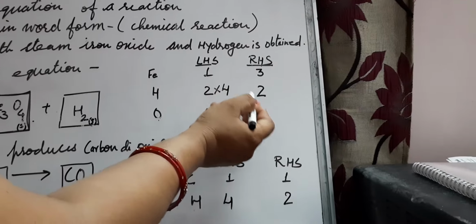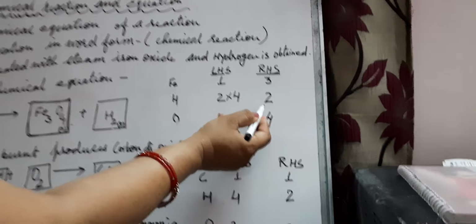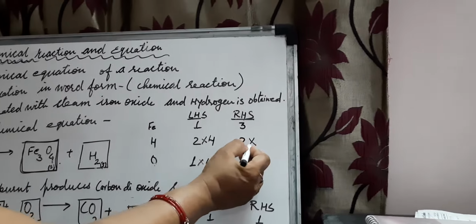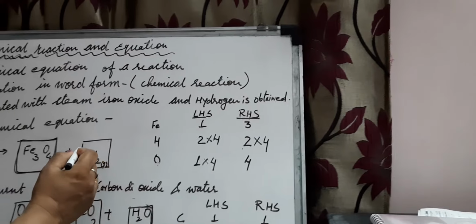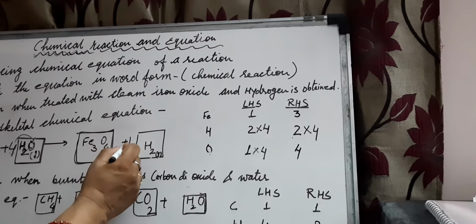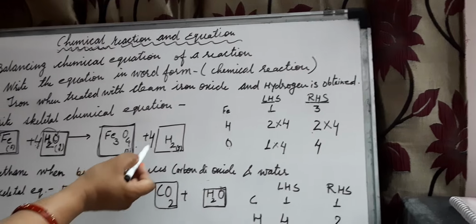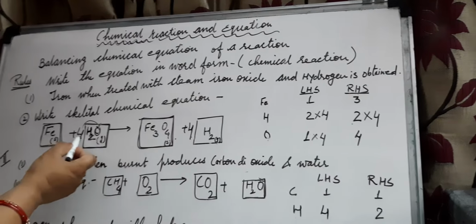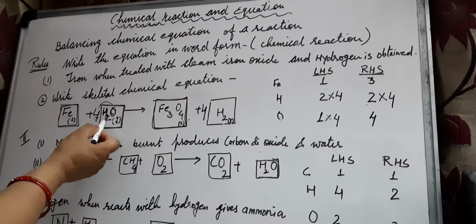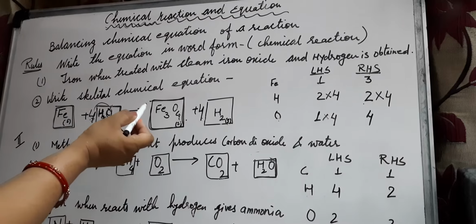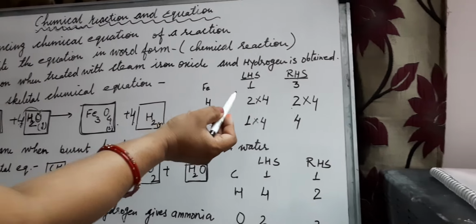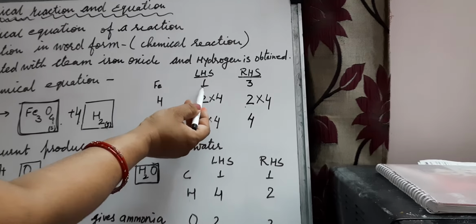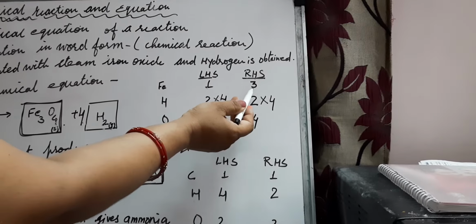On the RHS also I will make it 8 by multiplying the 2 by 4. Here we are writing 4. Now we observe that 4 2s are 8 hydrogen on the RHS and 8 hydrogen on the LHS. Now we come to iron. In the LHS it is 1, in the RHS it is 3.